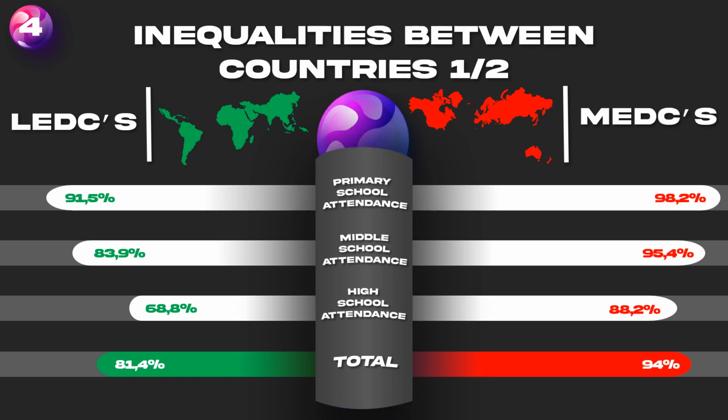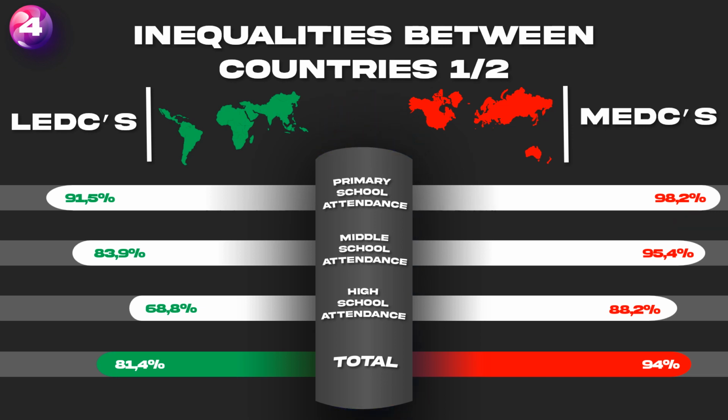On average, the attendance at secondary school in LDCs is 83.9% in opposition to 95.4% in MEDCs. In high school, the attendance is 68.8% in opposition to 88.2% in MEDCs.